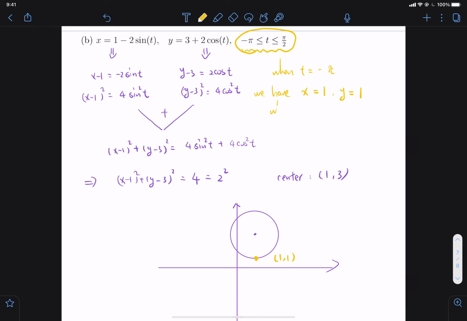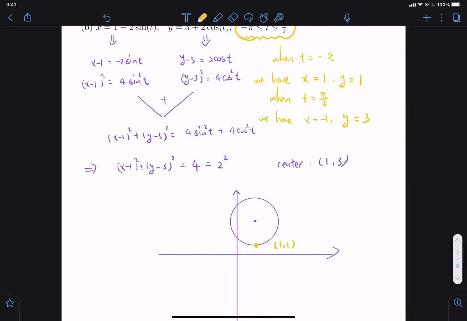And when t is equal to pi over 2, we have x equal to 1 minus 2 times sine pi over 2, that is negative 1, right? And y is equal to 3. Okay, so our terminal point is negative 1, 3.